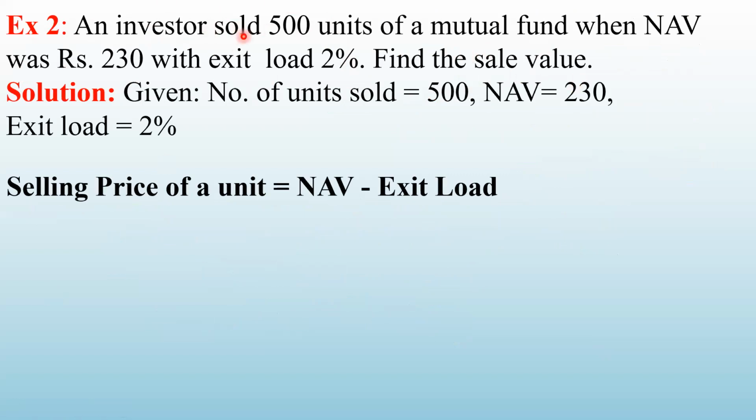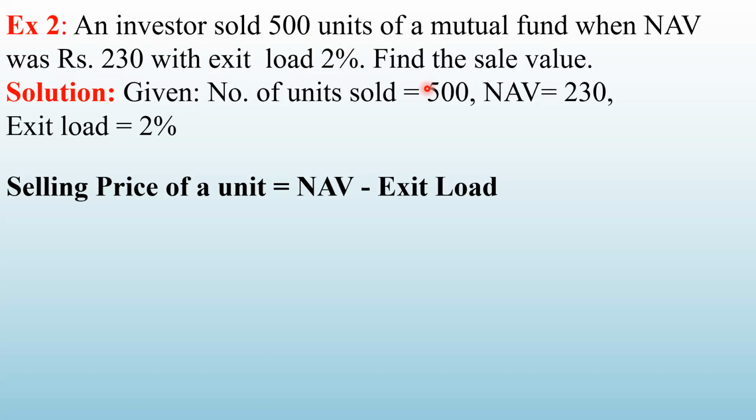In the previous question, which we have just solved, the units were purchased. Here, we sold 500 units when NAV was rupees 230. As you know, when you sell the units, you have to pay the exit load. So the exit load is given to you as 2%. You have to find out the sale value.